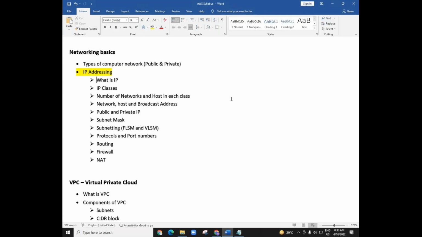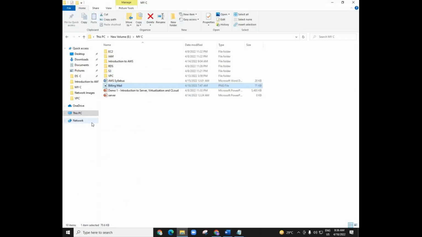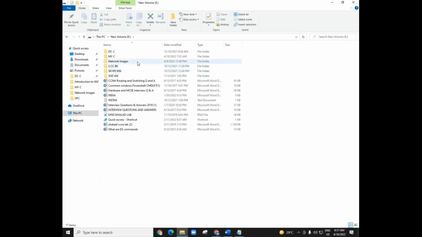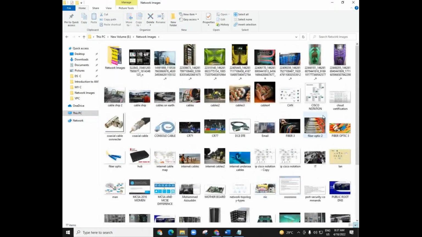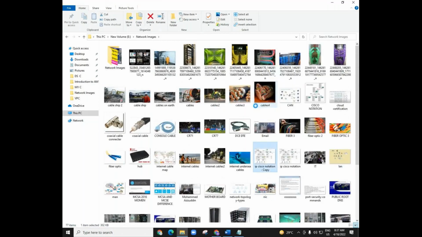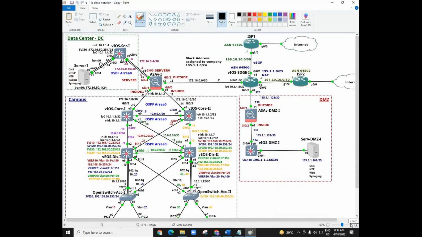I'll show you a very small diagram here. Okay, it's not small in a way, but I'll try to take you through a network just to show you the importance of IP addressing here. This is actually a physical network. In this physical network, you can see clearly we have a router here.